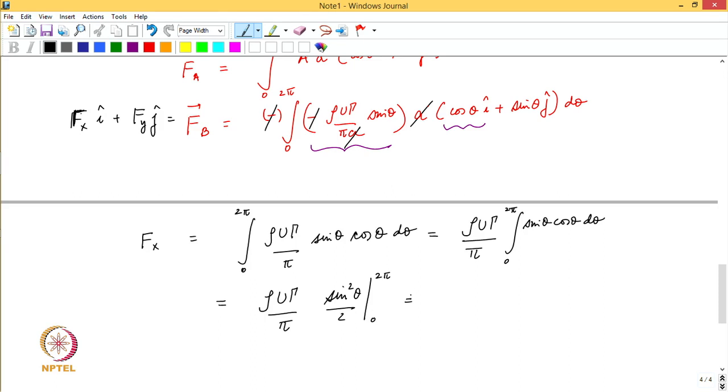Sin theta at 2 pi is 0 and sin theta at 0 is also 0. So, we get a 0 here. What this means is that for the problem that we are dealing with, there is no horizontal force. For flow over a cylinder with circulation, there is no horizontal force to be felt.